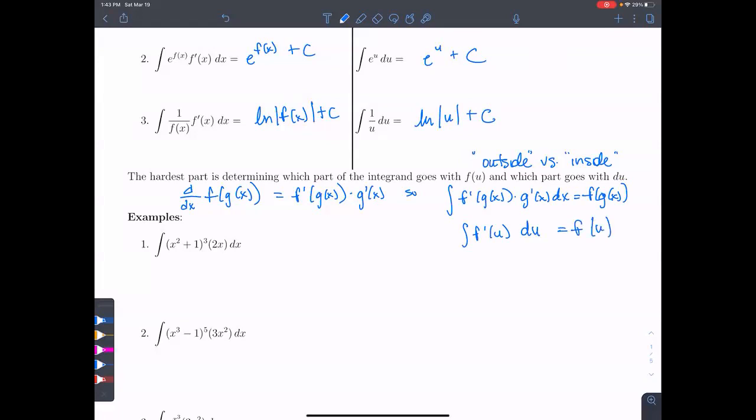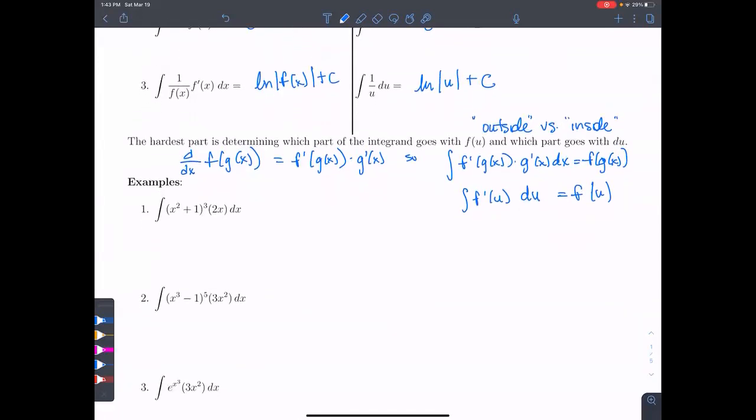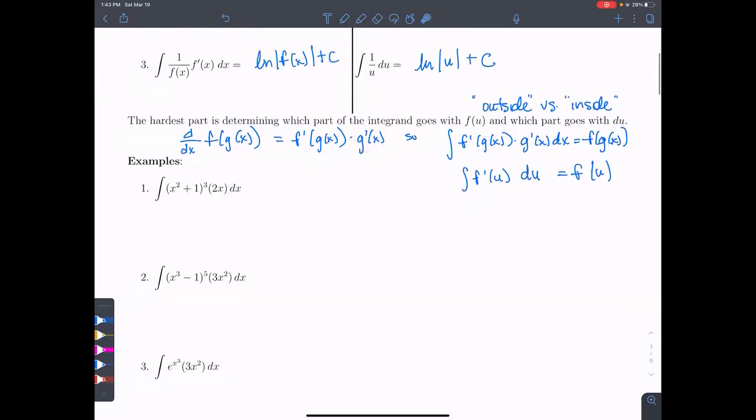Okay, so what we want to do is identify, in stuff that looks just like this, the outside function and then the derivative of the inside function.